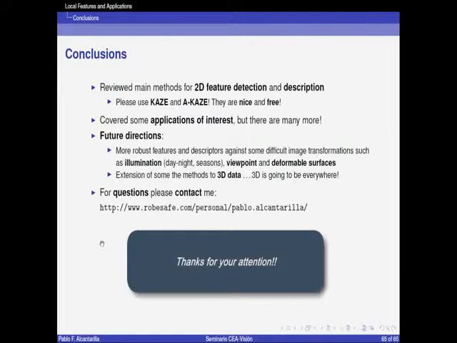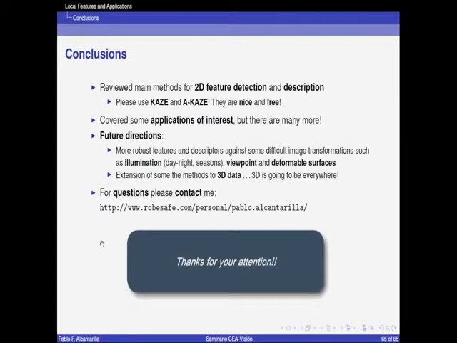And some future directions: we should come out with novel feature detection and description methods that are more robust against some difficult image transformations, such as illumination changes due to changes between day and night or through seasons. Also some difficult transformations due to viewpoint and deformable surfaces. So we need better features for this kind of difficult transformations.